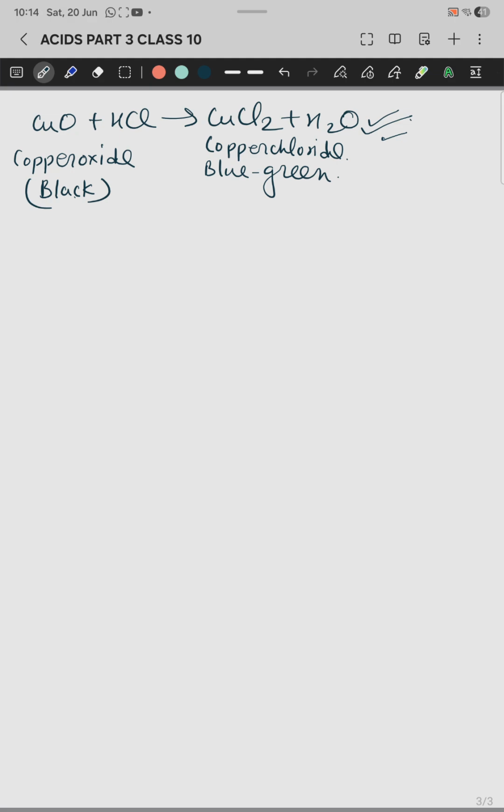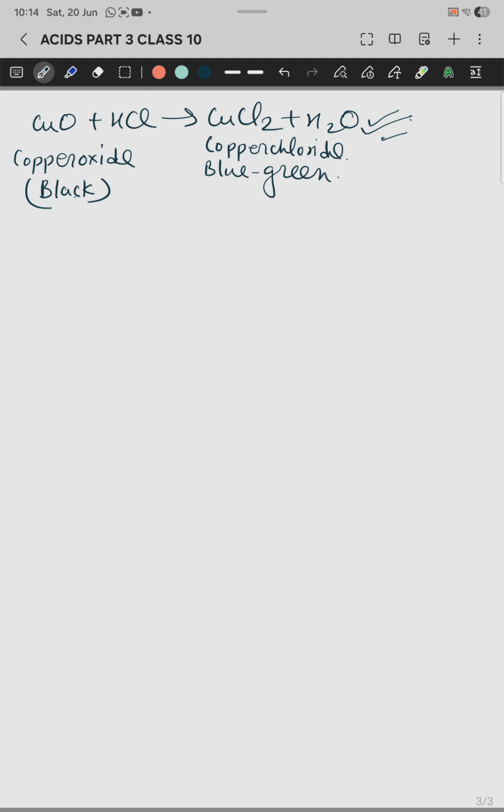So just like metal oxides, metal hydroxides are also basic in nature. So the acid also reacts with metal hydroxide to form a salt and water. I am giving you one example, milk of magnesia. Have you heard about the milk of magnesia? So metal hydroxide is also a kind of neutralization reaction.